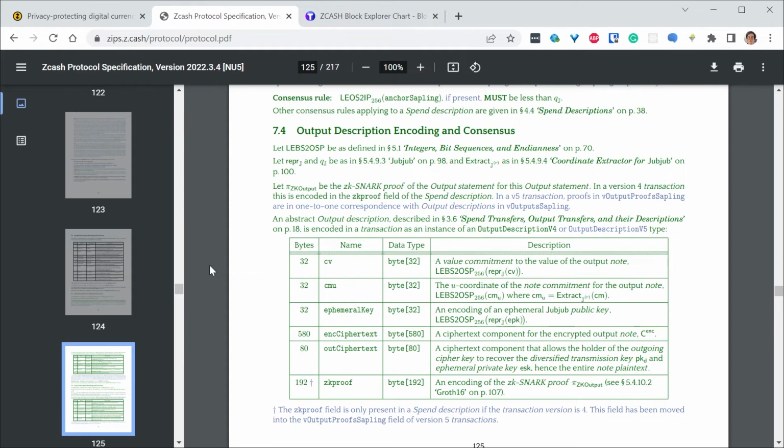And now the last part that is also extremely time consuming is the maintenance of a piece of data. It's called witness data, and this piece of data has to be updated every time you receive a note. This piece of data is really specific to Zcash and its proving system.